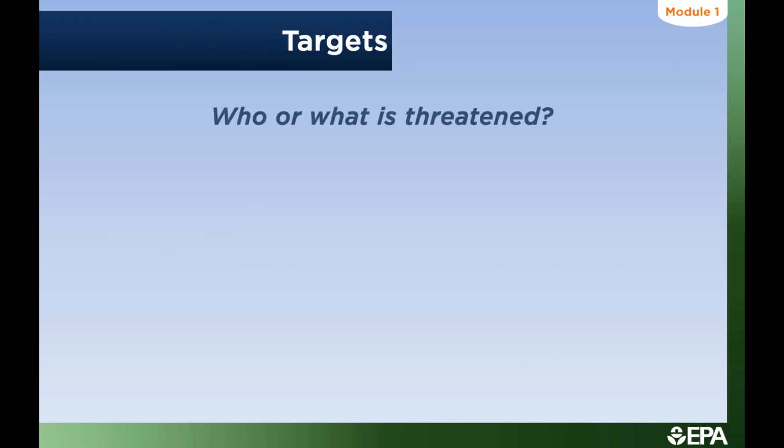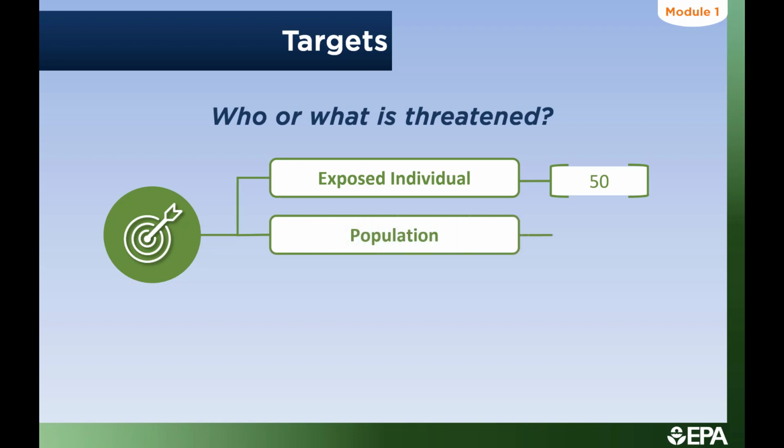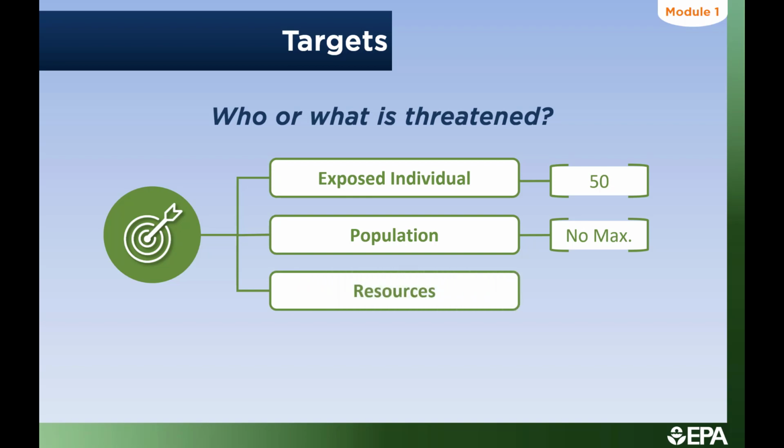The target factor category typically has the most impact on an HRS score and the SSI component is no different in this regard. This component evaluates three factors that make up the target's factor category value: exposed individual, population, and resources, which are shown in this figure. The exposed individual factor represents the maximally exposed individual and has a maximum value of 50.